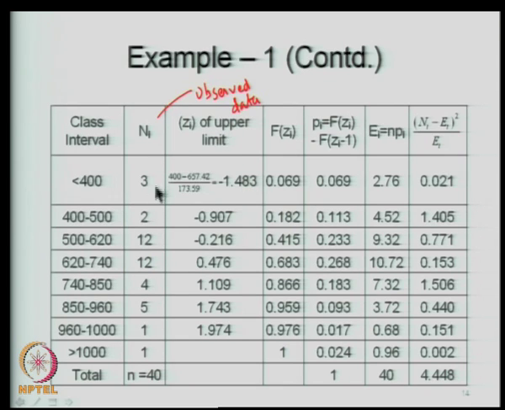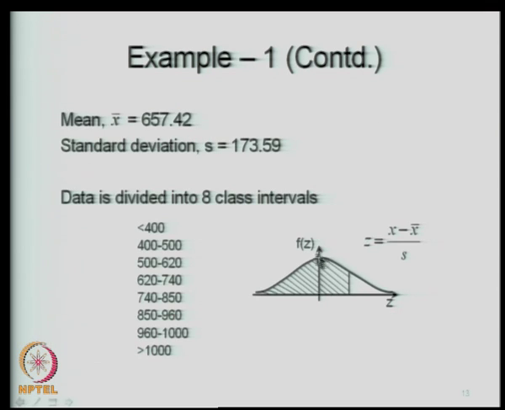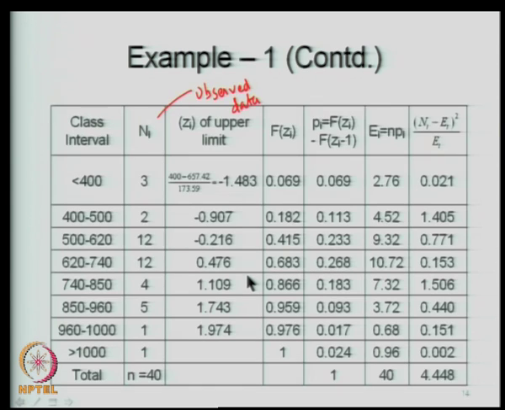This is from the upper limit. From the z you can get capital F of z, that is the probability of z being less than or equal to the given value of z.